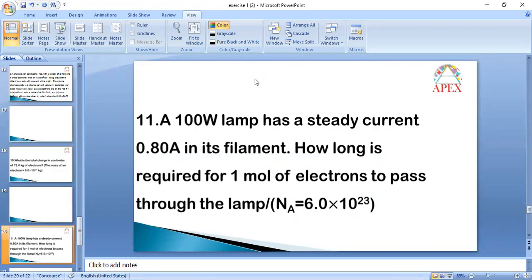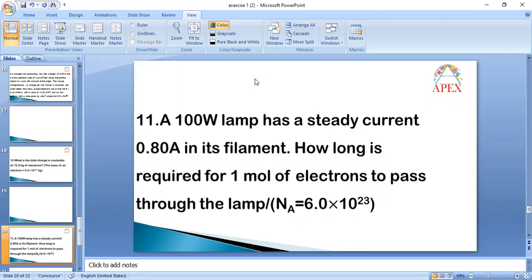Question number 11. And of course, the last question in the concept application of this is 1 only. A 100 watt lamp has a steady current 0.8 amperes. How long is required for 1 mole of electrons to pass through the lamp? So current given is 0.8 amperes.